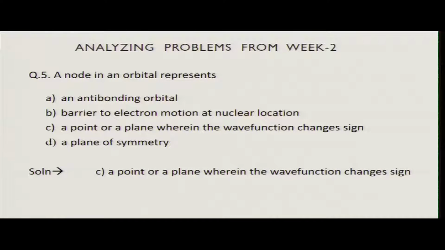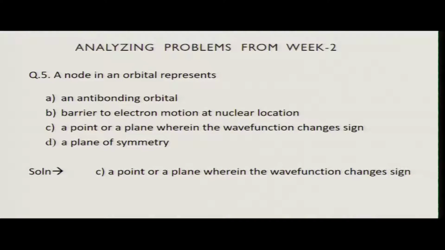The question was probing how the node in an orbital is understood. It asked what a node of an orbital represents, and the solution given was that it is a point or a plane wherein the wave function changes sign.